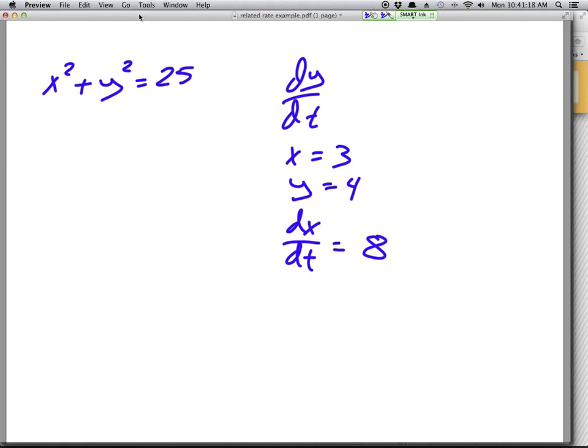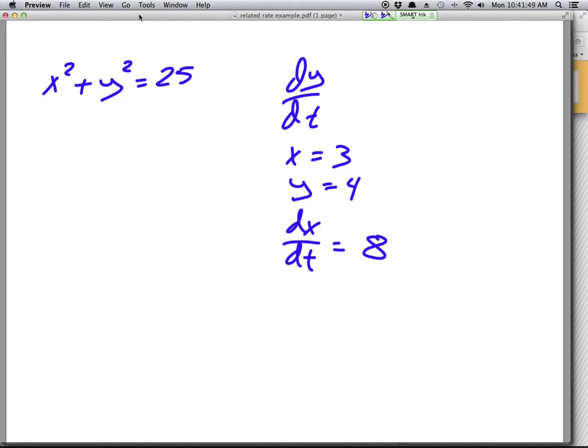But if we're talking about rates, a rate is always something over a change in time. So instead of taking it with respect to x, we're going to take it with respect to t. That's the reason why related rates follows implicit differentiation. Every time I take the derivative of an x value, I have to write down dx/dt, and every time I take the derivative of a y value, I've got to write down dy/dt.